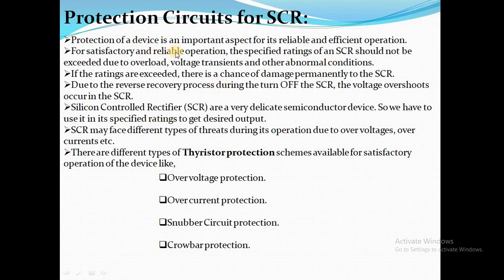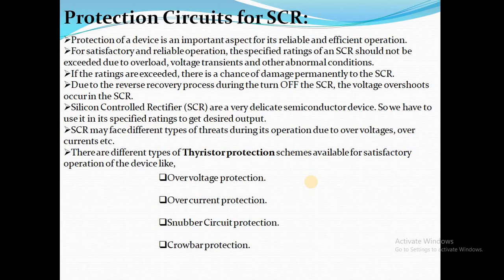Already I have told you about the mounting and heat sink of the thyristor. Why we need a heat sink: whenever a thyristor is used in a circuit for any application, current continuously flows through the SCR during operation, and as there is a flow of current, there is generation of heat.